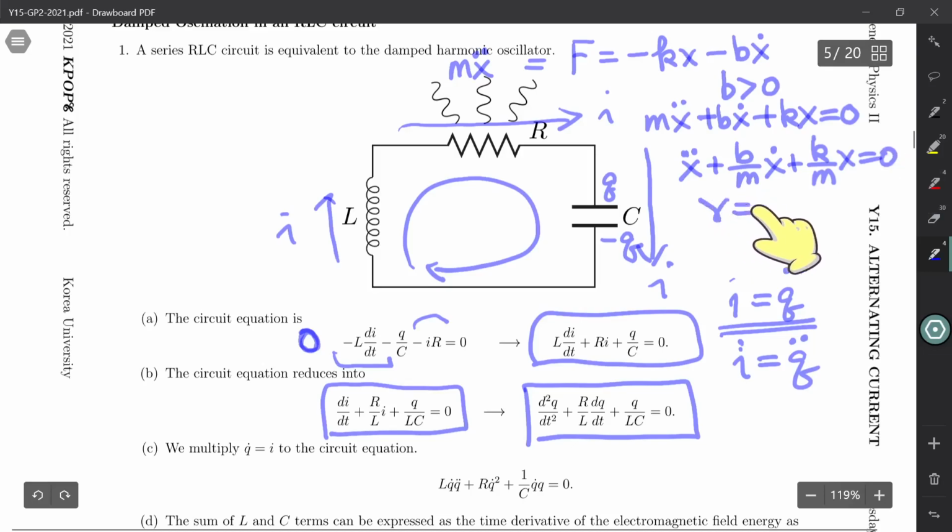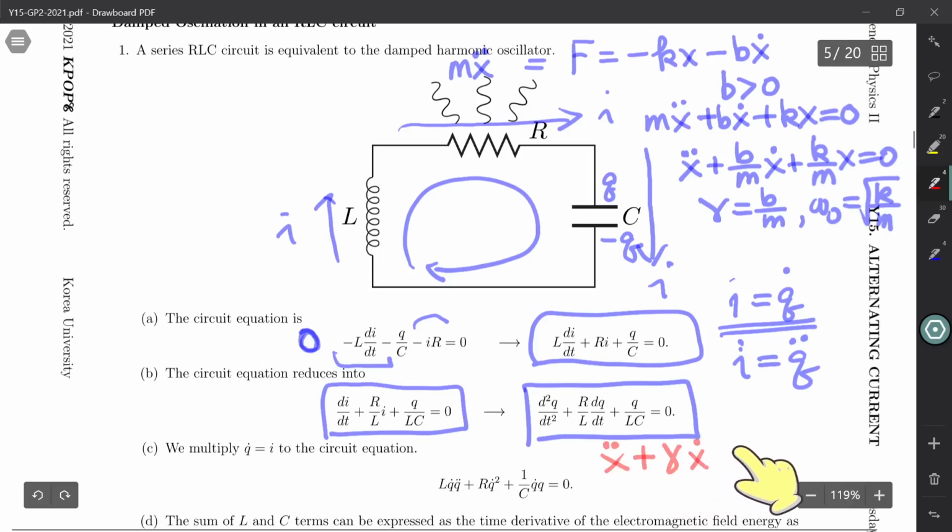And we define gamma to be B over M, omega 0 to be square root of K over M. Then we have the equation x double dot plus gamma x dot plus omega 0 squared x equals 0.